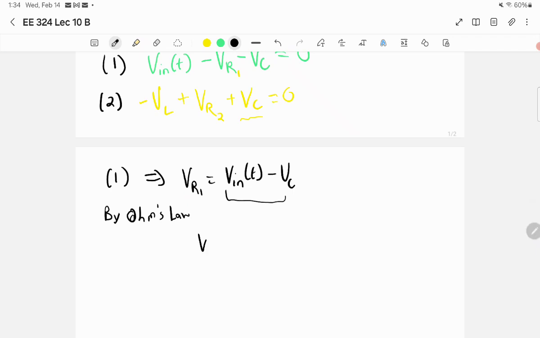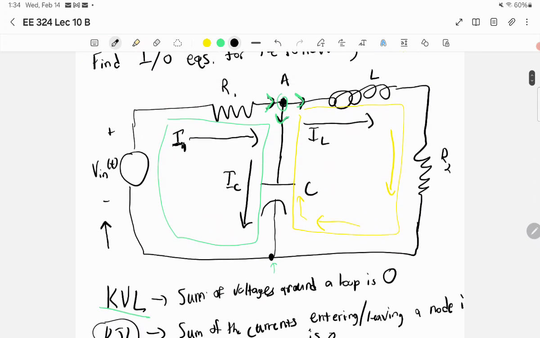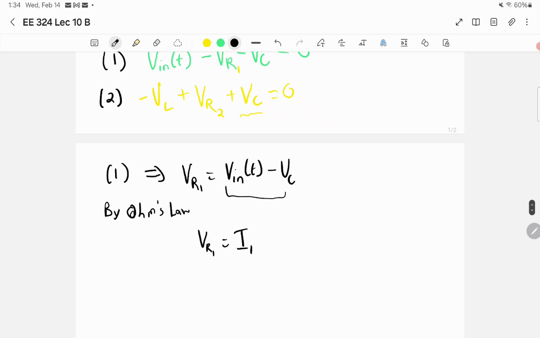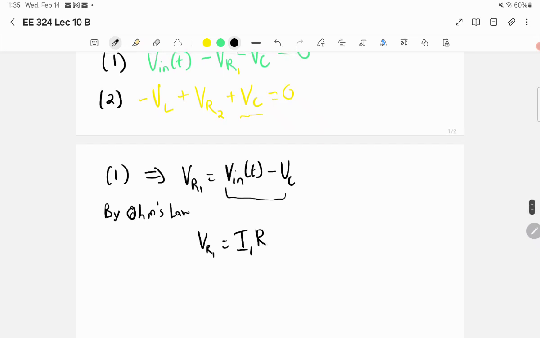So VR1 is equal to the current going across R1, which is I1, times R1. That's the same thing as saying Vn minus Vc is equal to I1 R1. Or, if I want to write out the current entirely, it just becomes Vn minus Vc over R1.